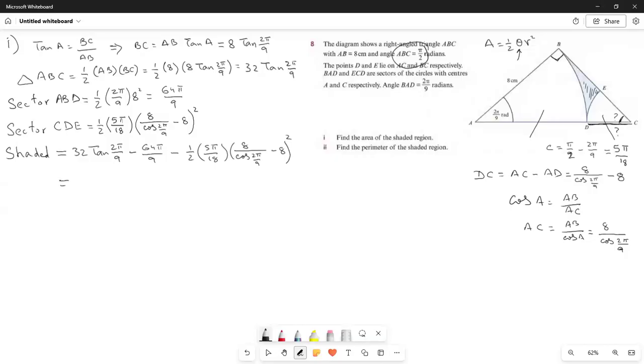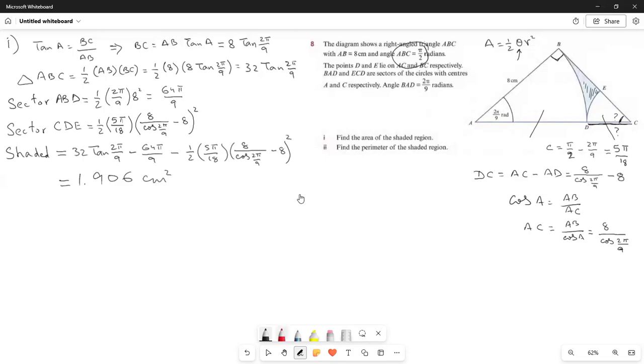And when I do all this calculation, I get the answer to be, let me make sure that shaded region, yes, 32 minus 64, yes, it comes out to be 1.906 centimeters square. Okay, I hope it is clear. It's not complicated at all.